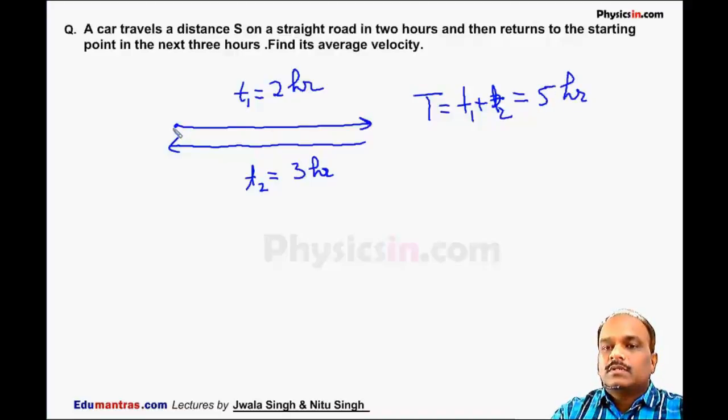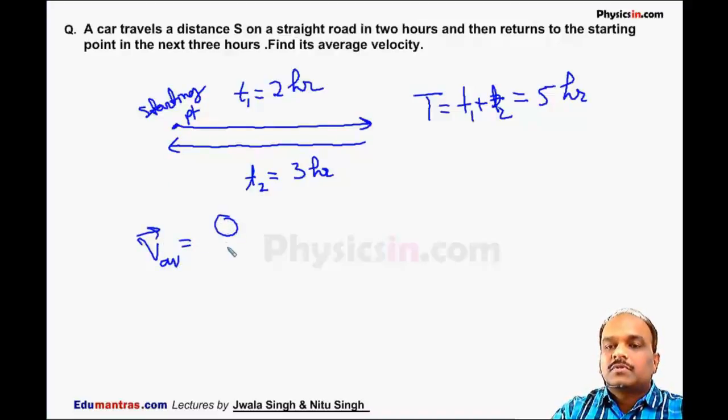But since the car is at its starting point, the displacement of the car is 0. And we know the average velocity is defined as the total displacement, which is 0, divided by time, that is 5 hours. So the answer is 0.